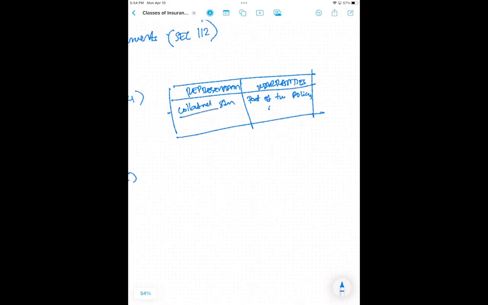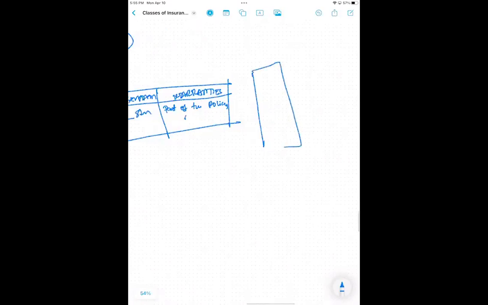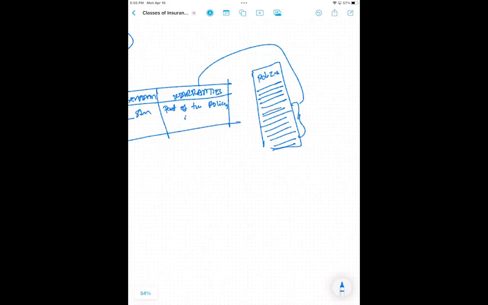These are, let's say for example, declarations of the insured, right? Because the policy is already templated, everything is written there, and what is written there are the manifestations that contain a promise.